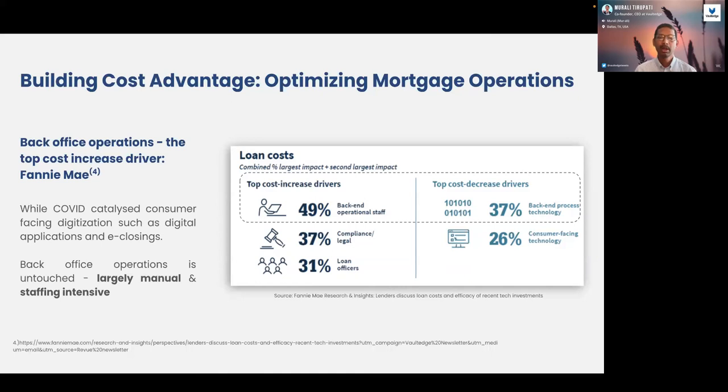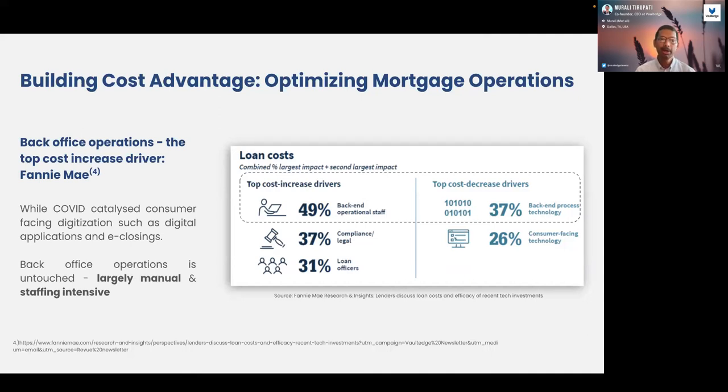So things like digital applications, e-closings, remote notarization. Companies implemented solutions in those spaces, which helped them a lot in keeping the business going and keeping those high volumes during that peak.